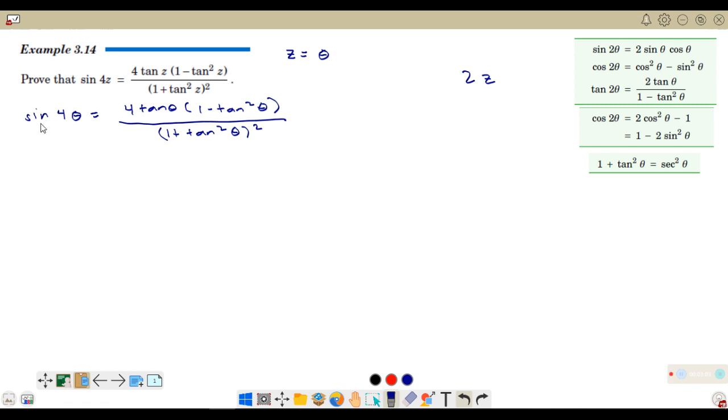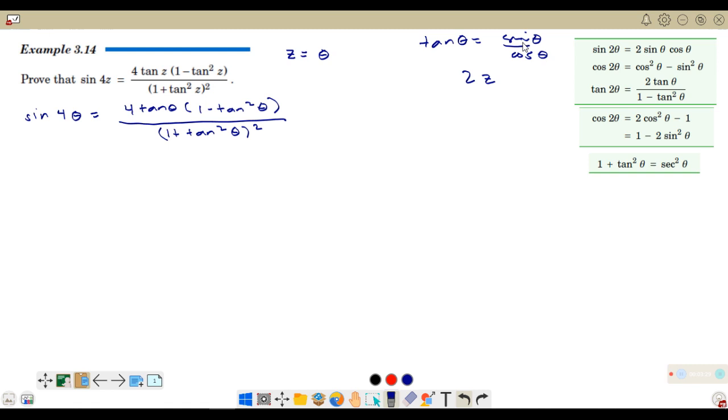In this case, if we are going to focus on the left-hand side, sine 4 theta, medyo mahirap siyang ilagay as tangent theta. Kasi ang relationship ni sine at ni tangent will be tangent theta is equal to sine theta over cosine theta. Ito yung pinakacommon sa lahat ng identities na involve si tangent at saka si sine.